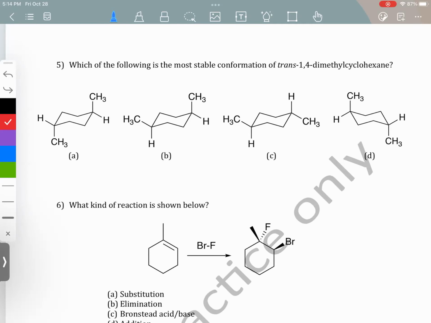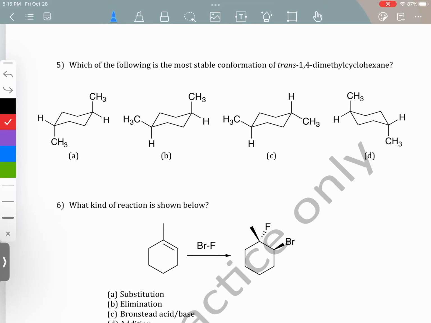Which of the following is the most stable conformation for trans-1,4-dimethylcyclohexane? So we're looking at all these different chair conformations. What do we know about the stability of chair conformations when it comes to different substituents attached to it? Where are they more stable? In equatorial? Right, they're more stable in the equatorial positions.